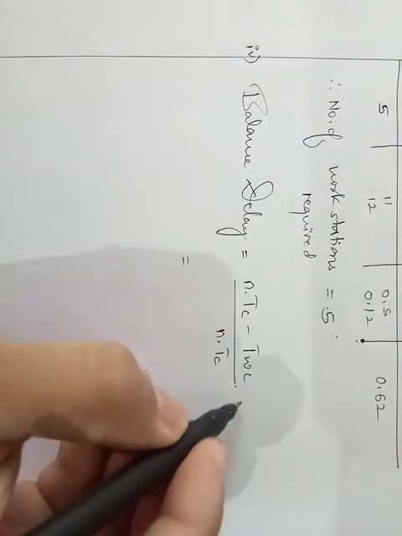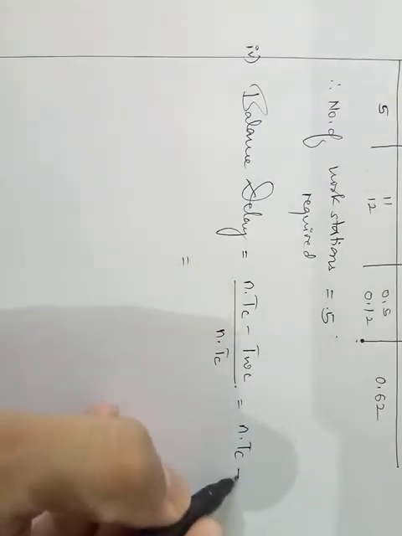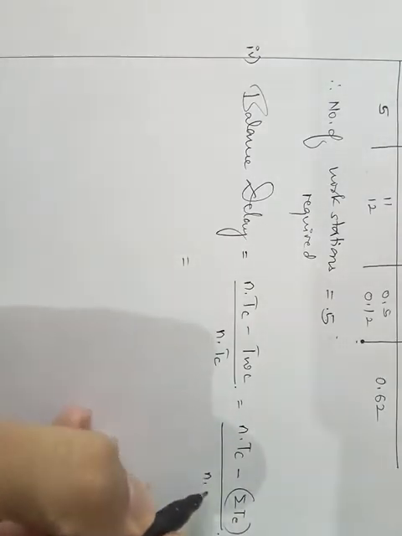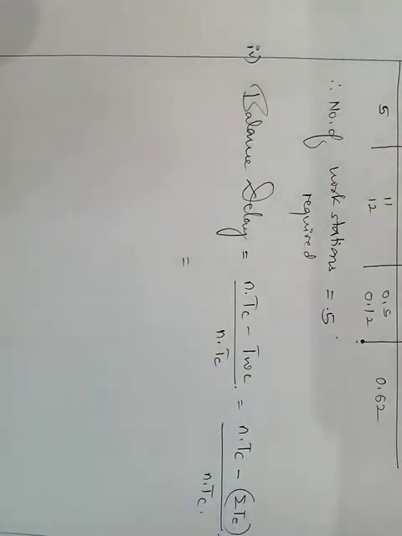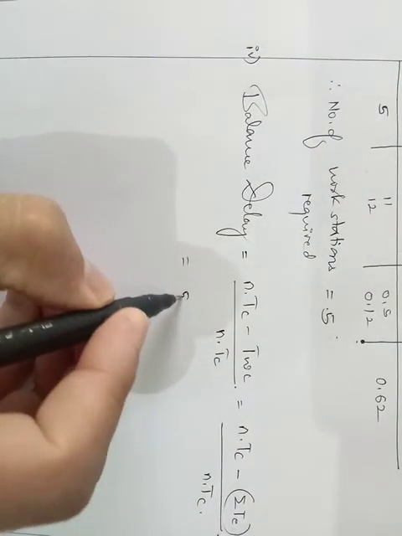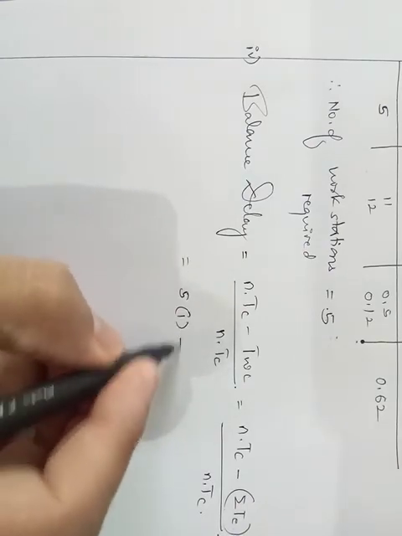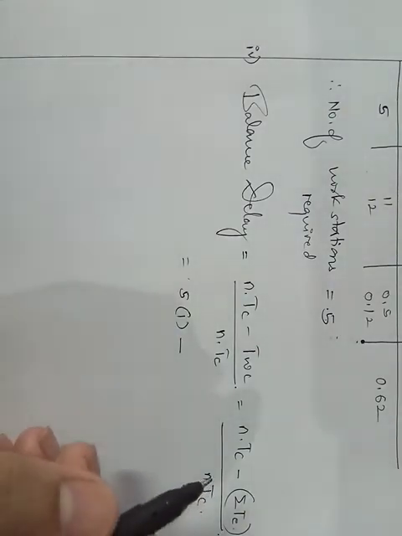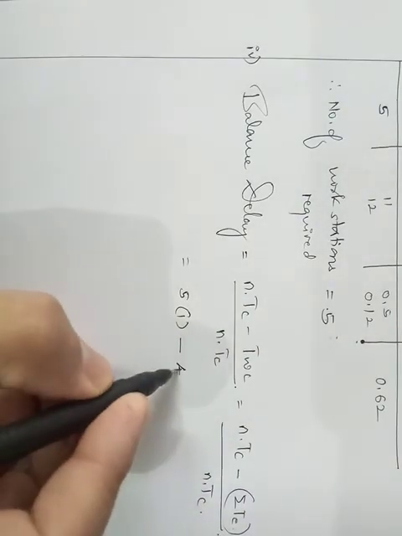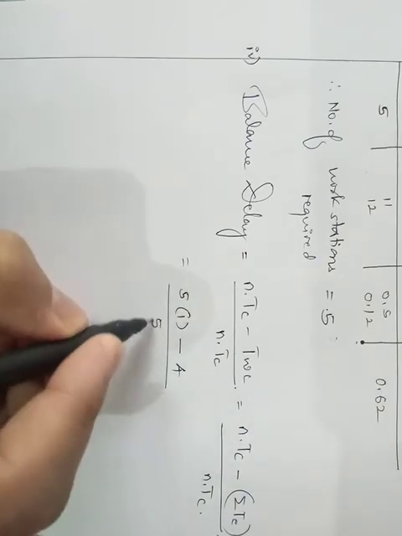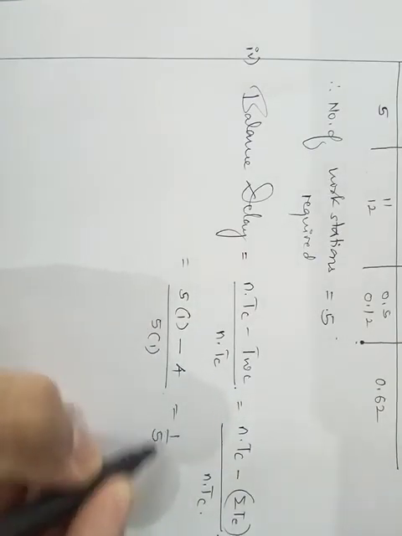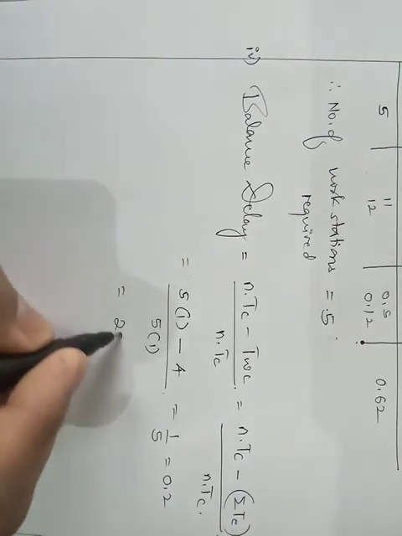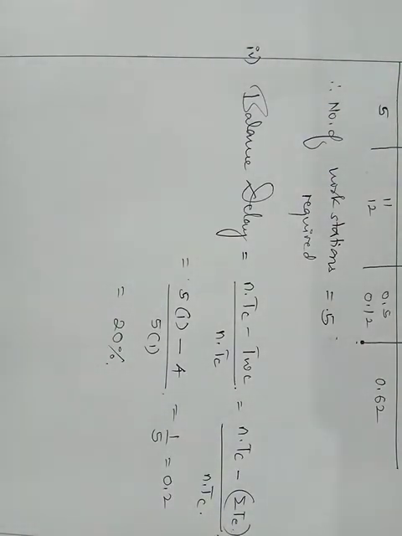This can also be written as n into Tc minus summation of Te, divided by n into Tc. So TWC is nothing but summation of Te. So n in this case is 5, Tc is 1, minus summation of Te. If you sum up all the work element times given in the problem, it comes out to be 4, divided by 5 into 1. So it is 1 by 5, that is equal to 0.2, that is equal to 20%. Right, so that is the balance delay.